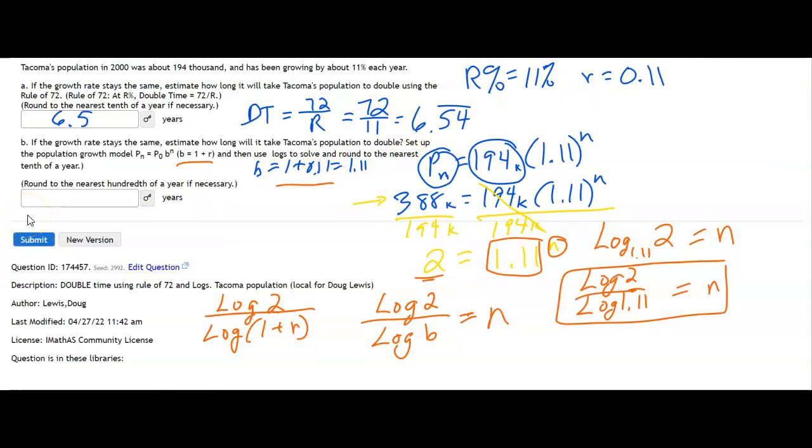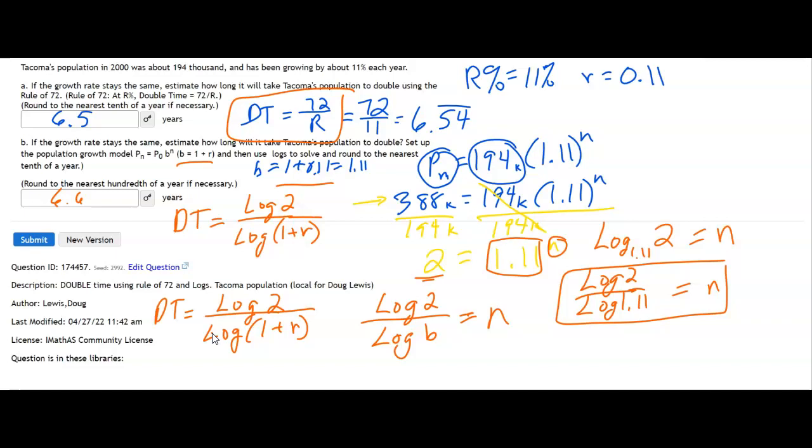So it's a little more work to do this, but if we think about this, this is our double time formula using logs. So we have this double time formula using the rule of 72, and this double time formula, which is a little more accurate, using log of 2 over the log of 1 plus little r.